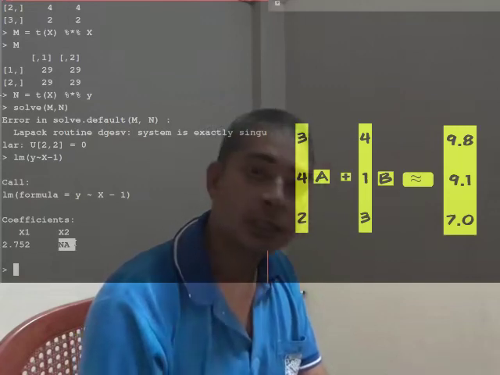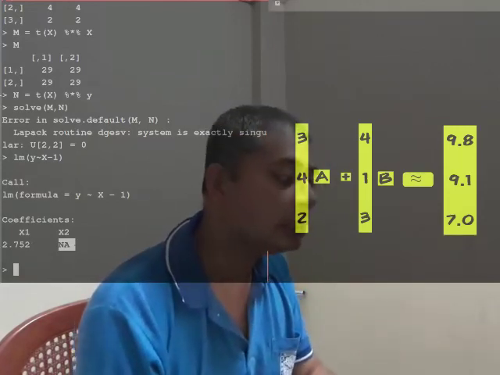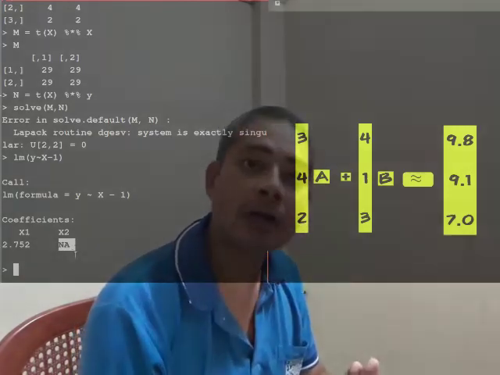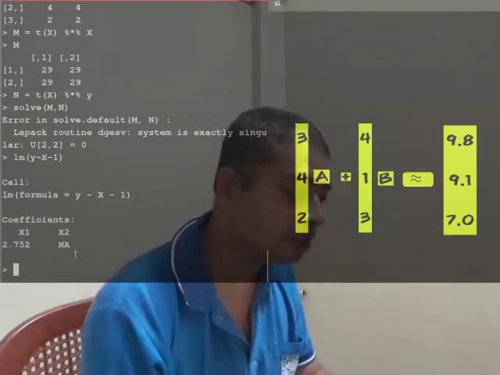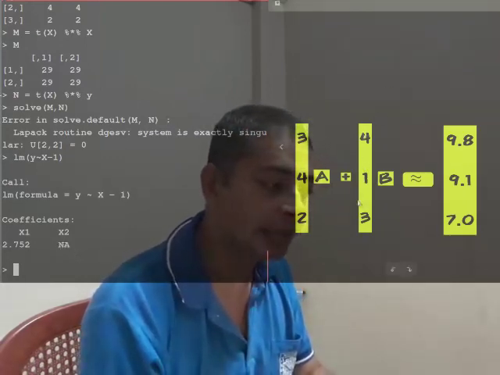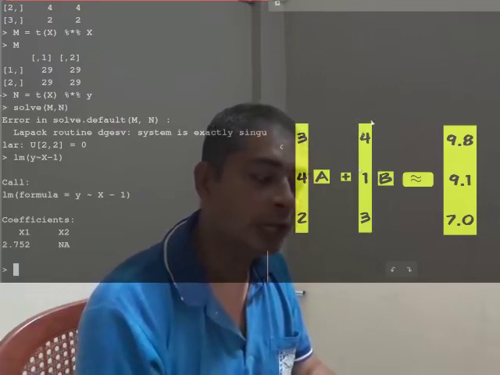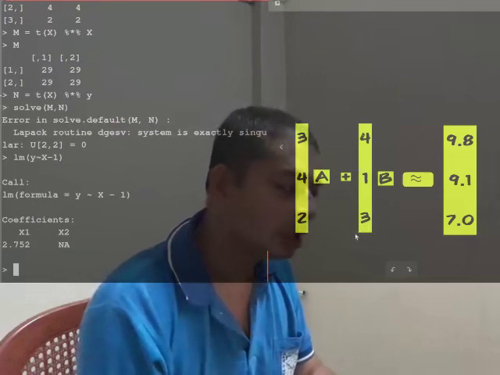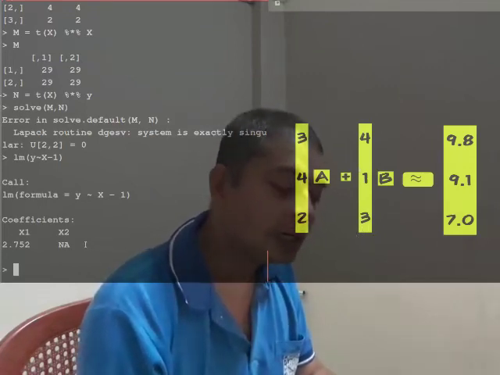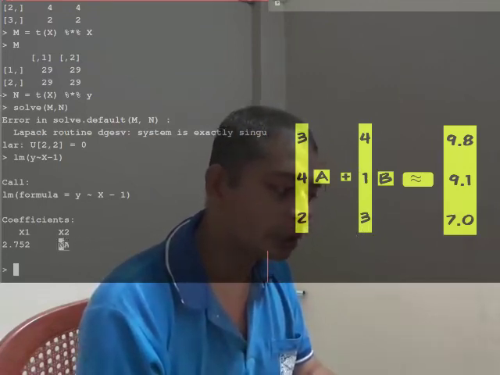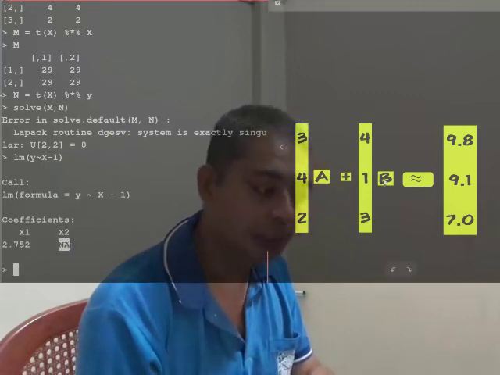Now the LM function cleverly figures out that it can set the value of the second variable, that is the coefficient of x2. Remember, x is my matrix consisting of these two columns. So x2 is the second column, and the coefficient of that is what it reports under x2. So in our example it is b.